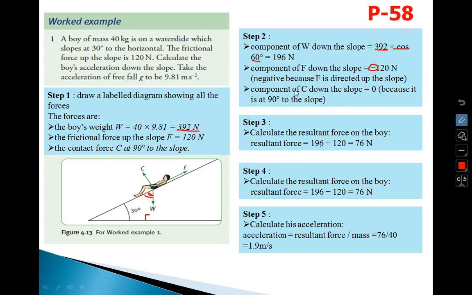The third one is the component of C, the contact force, down the slope, which is always equal to 0. Why? Because this angle is equal to 90 degrees. So we can say that N has no component down the slope, since we don't know the value of N.